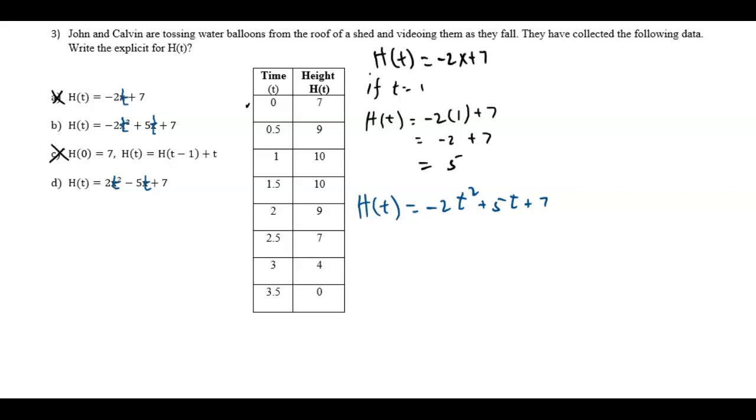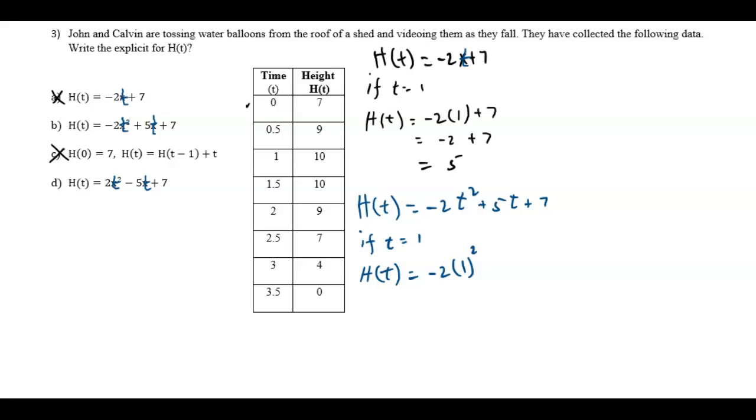Now, if t is equal to 1, then h of t would be, everywhere you see t, replace it by 1, so negative 2 times 1 squared. I put this in parentheses just in case t is negative, so I can plug it into the calculator the way it is.